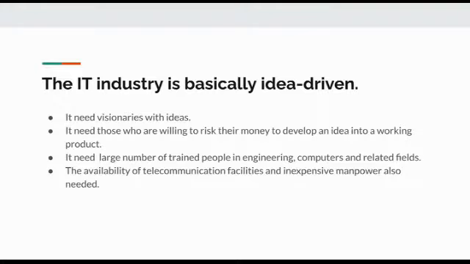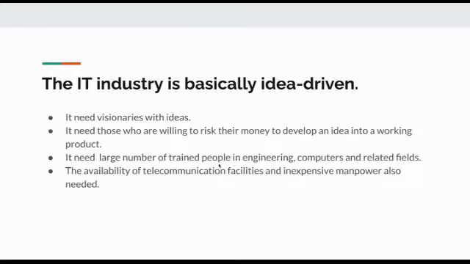And research at these universities helps to generate ideas for new IT products. So automatically the trained people from these universities help generate the ideas, and new IT products will come out.